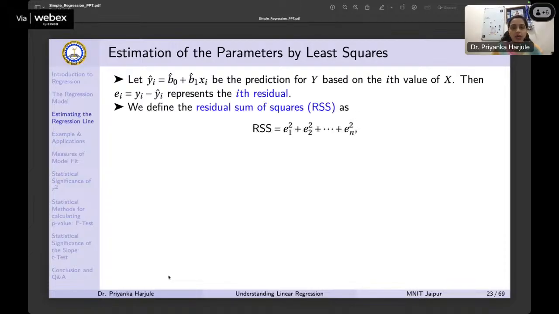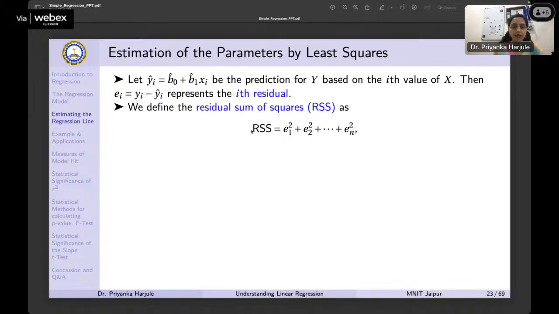Okay, so now we define mathematically what we mean by residual sum of squares. Error is defined as the difference between the observed and the predicted value. This is the ith residual for the ith observation.